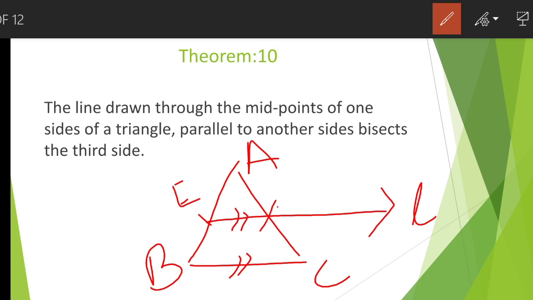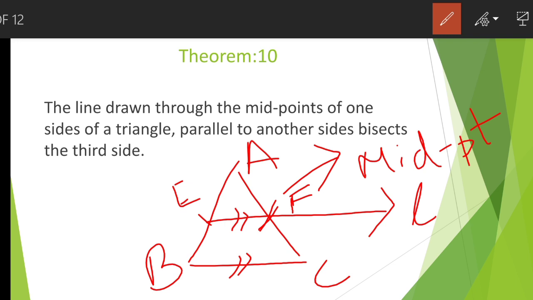It meets the third side of the triangle at the point F, and this point is also a midpoint. So it bisects the side AC at the point F. This theorem is also called the converse of the midpoint theorem.